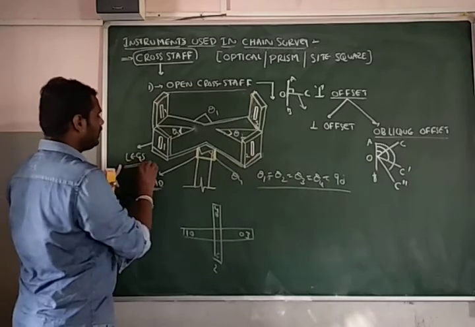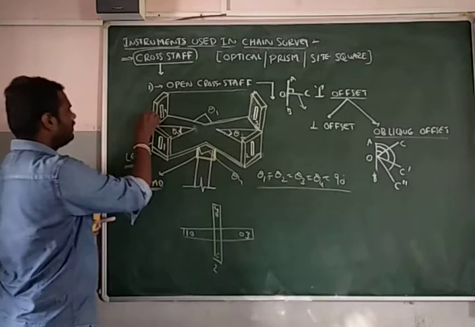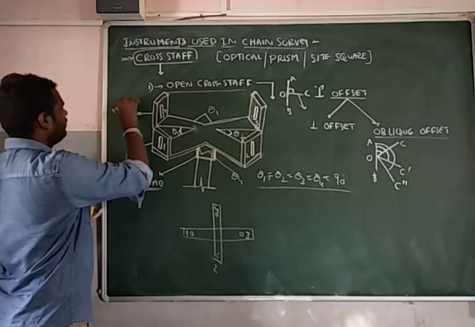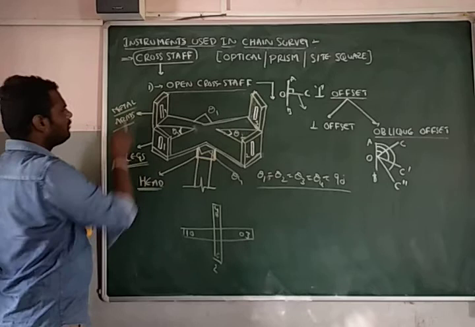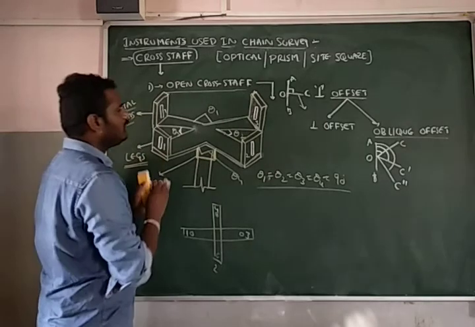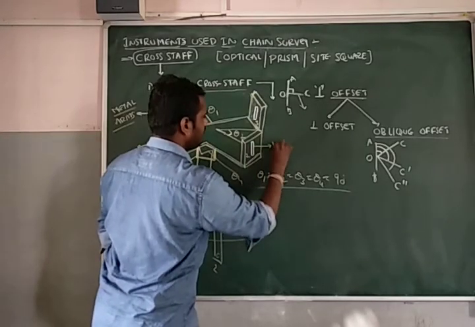It contains four legs, which we simply call metal arms. So it contains four metal arms, and each one has vanes. We call them vanes.